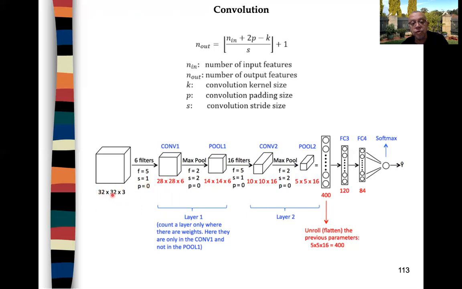So here you have 32 by 32 by 3. Why would you have here 28 by 28 by 6 and 14 by 14 by 6?